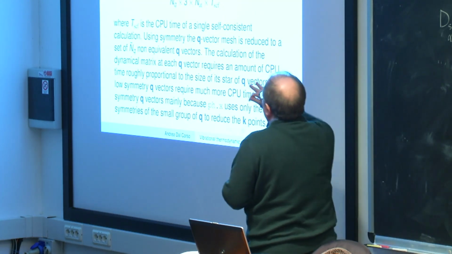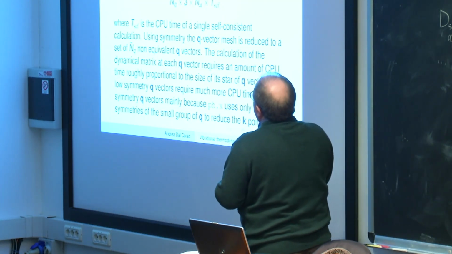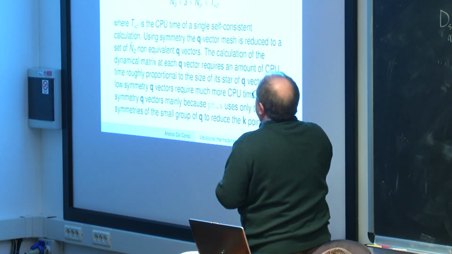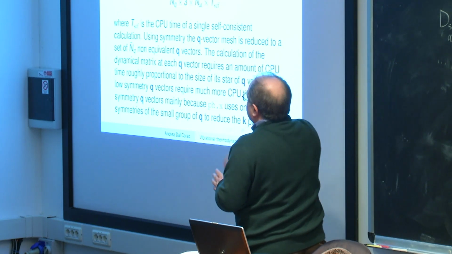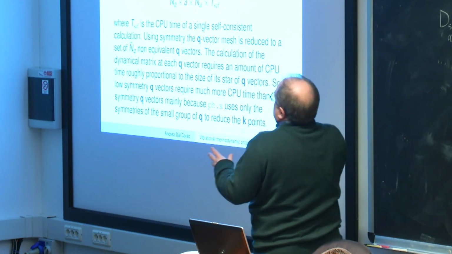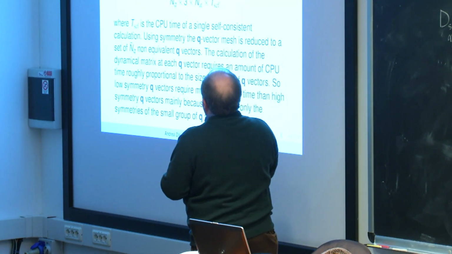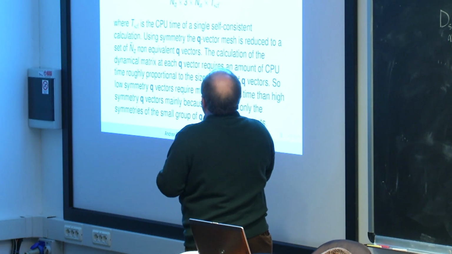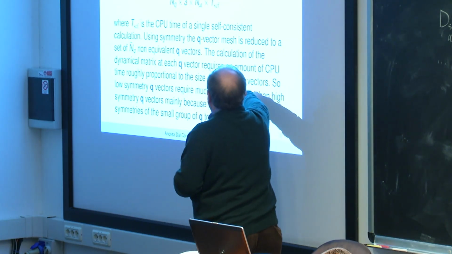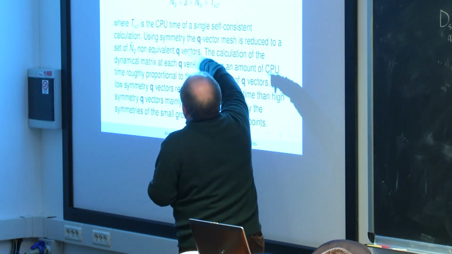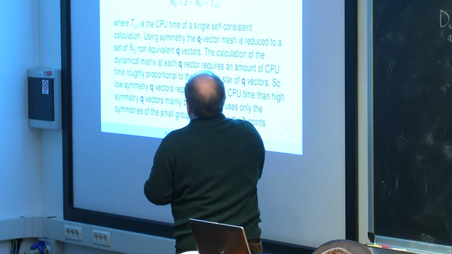In general, the amount of time that you need maybe can be estimated like this: the total number of the grid of q points times 3 times the number of atoms times something proportional to the time for a self-consistent calculation. And the more asymmetric a given q is, the larger part of this time it takes, but it gives you more dynamical matrices.